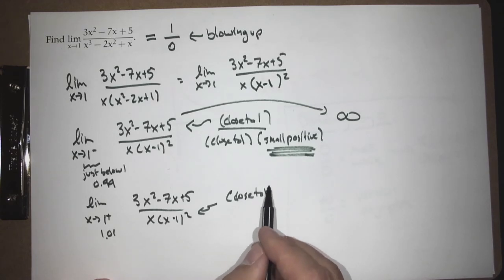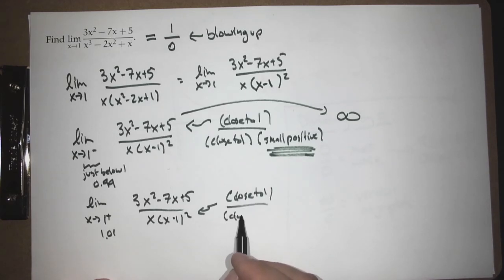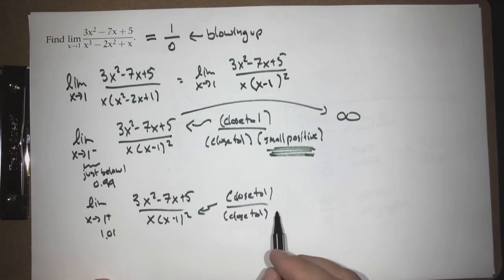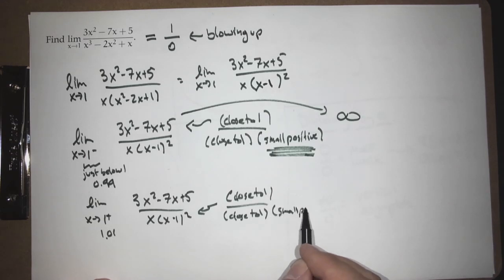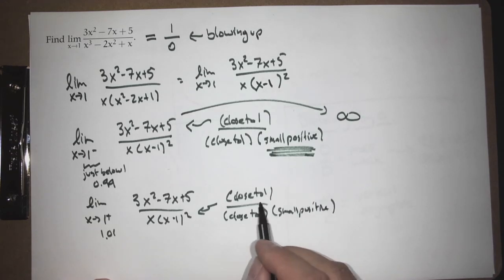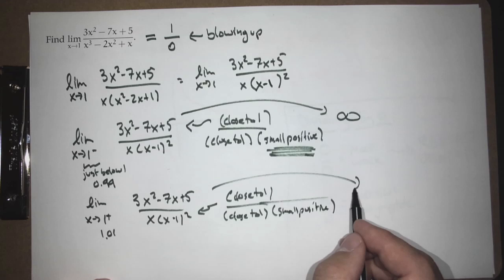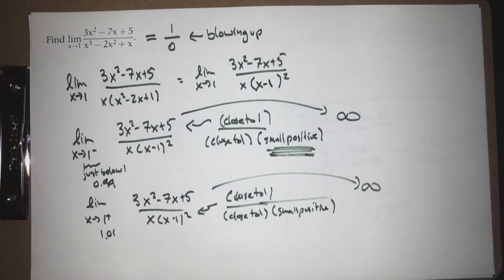It's still a small positive number. So what's happening? Am I blowing up to positive infinity or negative infinity? It's still positive infinity. So this is a case where both sides blow up to positive infinity. So this limit does exist. And we would say that it's infinity, because on both sides it's blowing up in the same way. So the limit here is infinity.